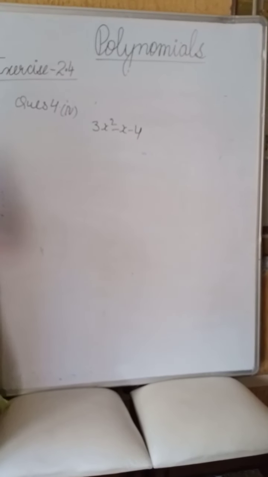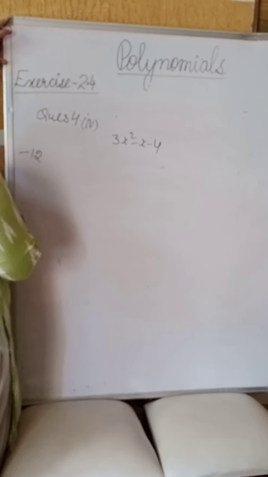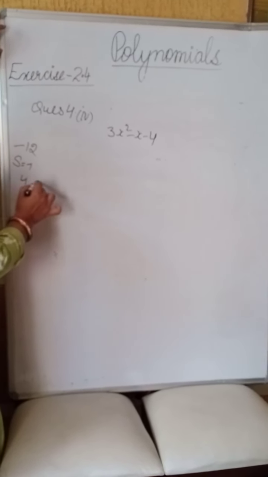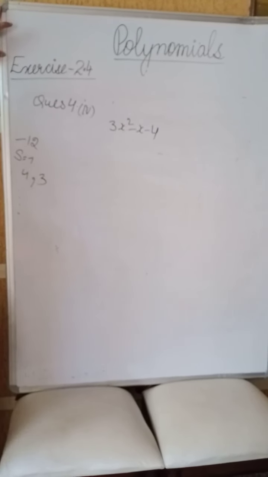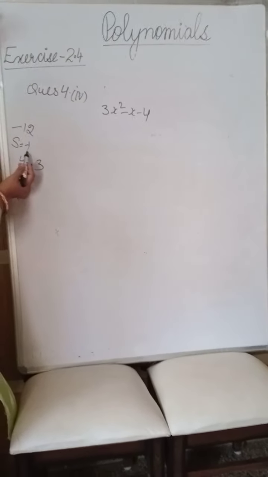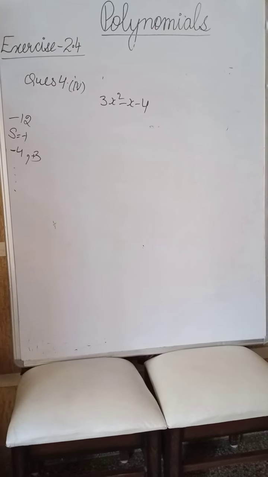The same thing you will do from here. 3 4s are minus 12, means product will be equal to minus 12 and sum will be equal to minus 1. So you will take 4 and 3 and decide which number will be plus and which number will be minus. As the sum is minus 1, take this 4 minus and this 3 plus.